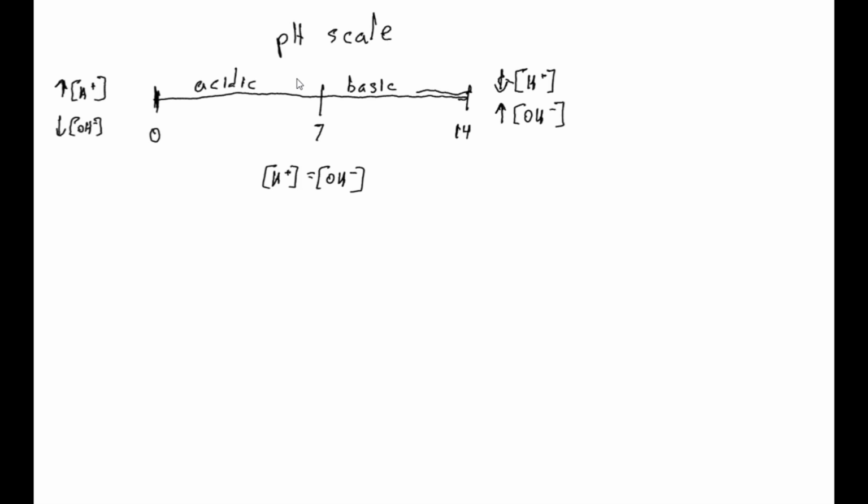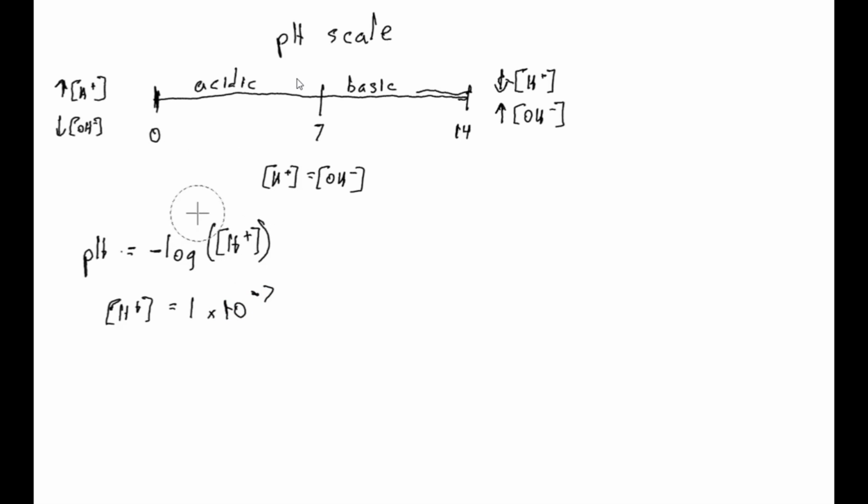So pH can be calculated. There is a formula for it. The pH of a solution is equal to the negative log of the concentration of hydrogen ions in that solution. So we can use our pure water example to prove it. We said earlier that in a sample of pure water, the concentration of H plus equals 1 times 10 to the negative 7.